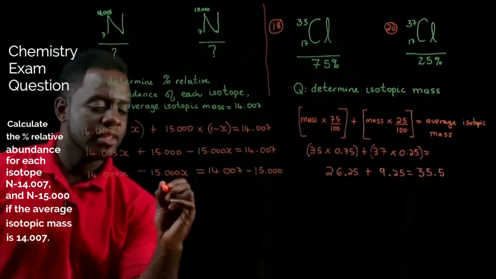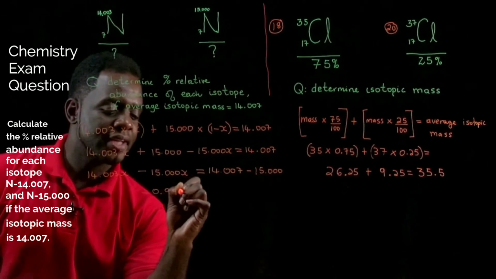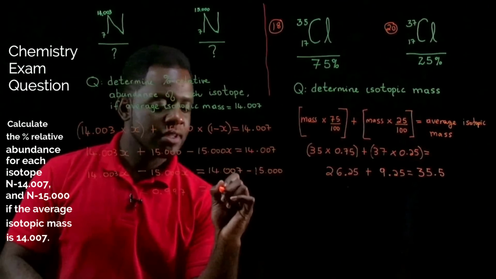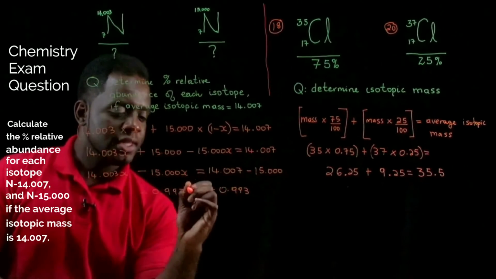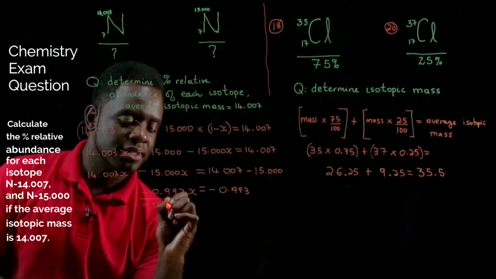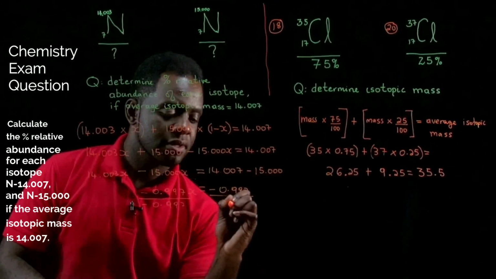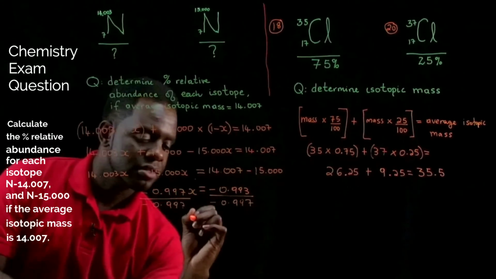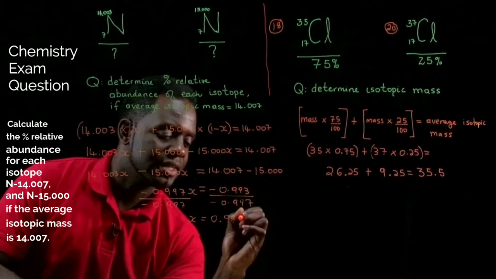Subtracting x's here will give us negative 0.997x, and subtracting over here will give us negative 0.993. Dividing through by negative 0.997 on both sides will give us x equals 0.996.